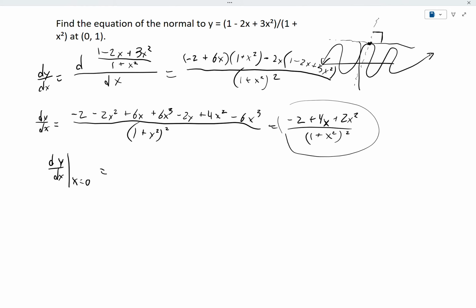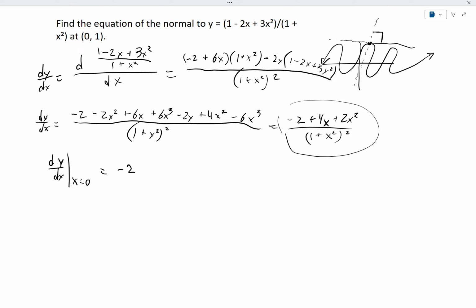So as you can see, if I plug in 0, that term goes to 0, that term goes to 0, and that term right there goes to 0. So I'm left with negative 2 over 1, which is negative 2. So I know that the instantaneous slope at x equals 0 is negative 2. So that's going to give me the slope of my tangent line.